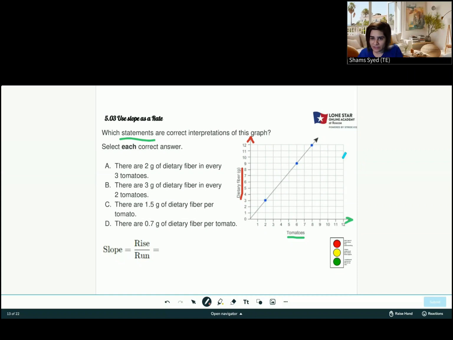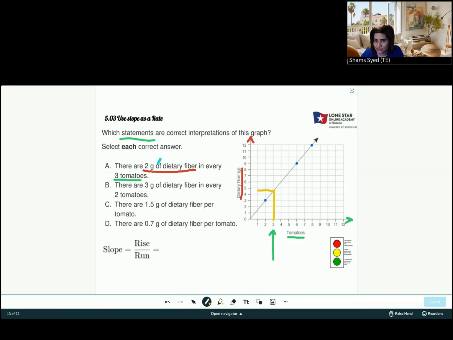So the question says that there are going to be 2 grams of dietary fiber in every 3 tomatoes. So is that true? Go to 3 tomatoes. Tomatoes are here. Go and read. How much fiber is in 3 tomatoes? 3 tomatoes seems to be halfway here.